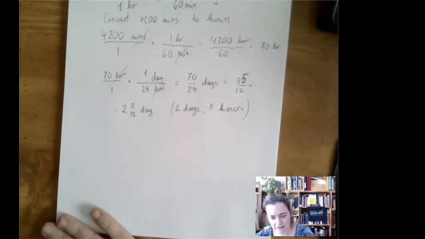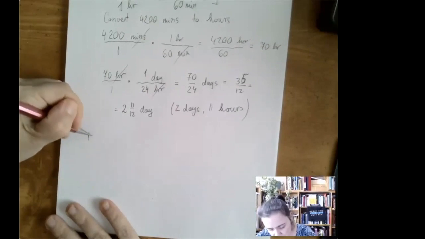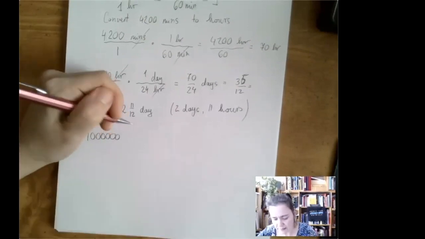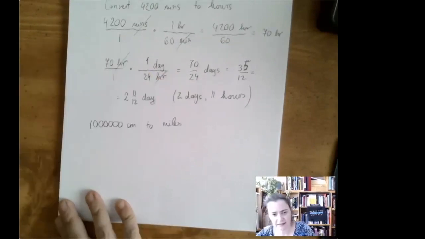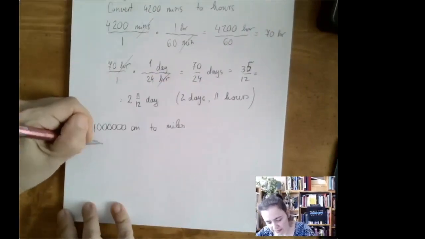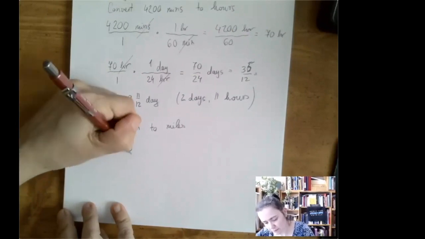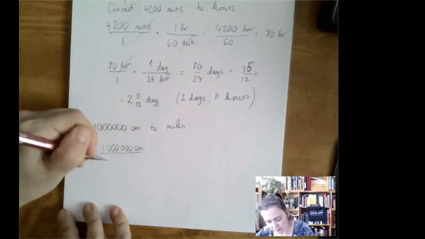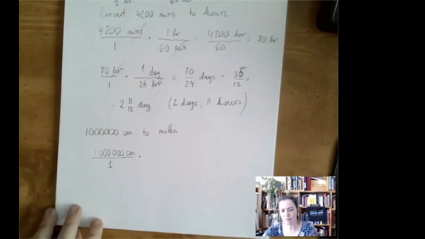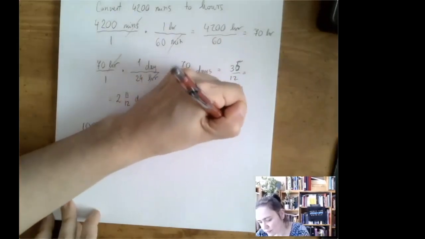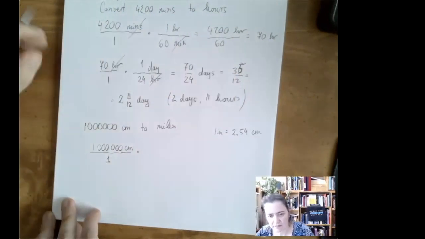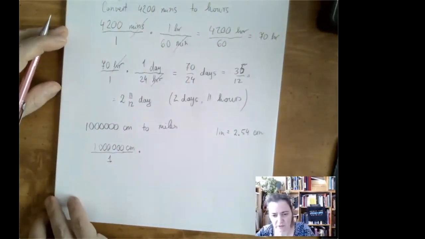Let's see if we could do, all right, let's do 1 million centimeters to miles. So if we start with 1 million centimeters, there is a way to go from centimeters to inches. 1 inch is 2.54 centimeters, so about 2.5 centimeters is 1 inch.